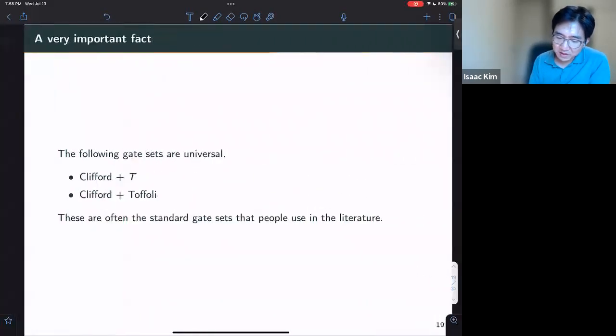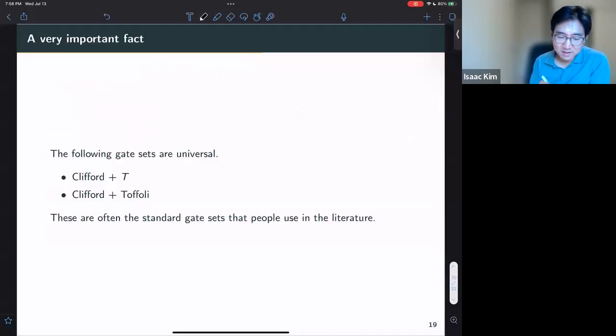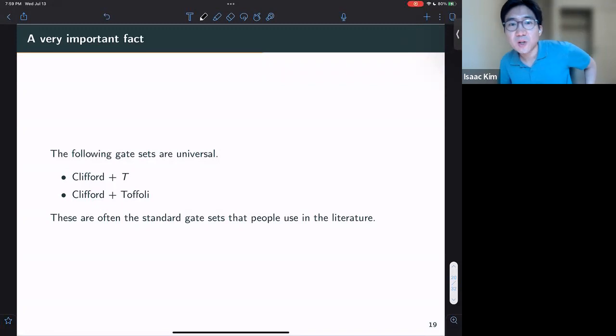And the very cool fact is that these gate sets that I mentioned, Clifford plus T or Clifford plus Toffoli, are universal. And let me remind you, universal means that with this gate set, you can approximate any unitary transformation on n qubits arbitrarily well. So you cannot hope to express an arbitrary continuous unitary transformation exactly in terms of these gates.